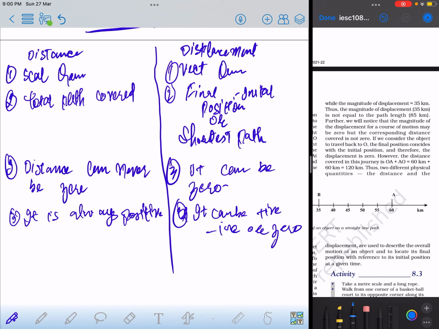As per NCERT, displacement of a course of motion may be zero, but the corresponding distance covered is not zero. This is the final point of this lecture.